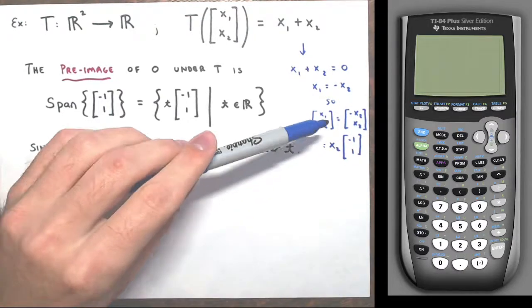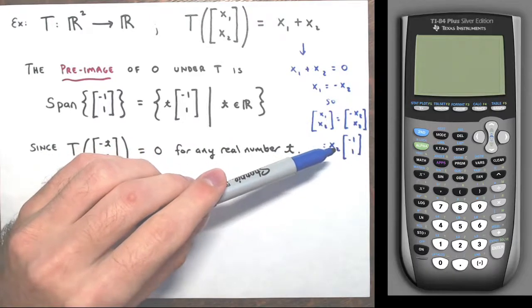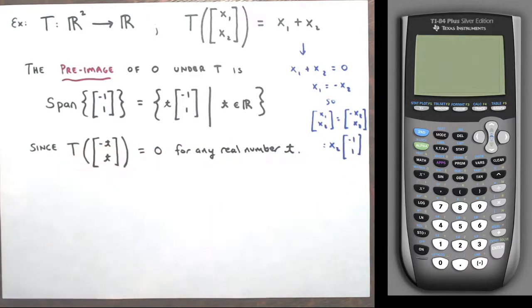So every vector that's just a scalar multiple of the vector (-1, 1) has an image of 0. That means the pre-image of 0 is the set with all these vectors in it. Every single vector that looks like this has an output of 0 in this particular transformation.